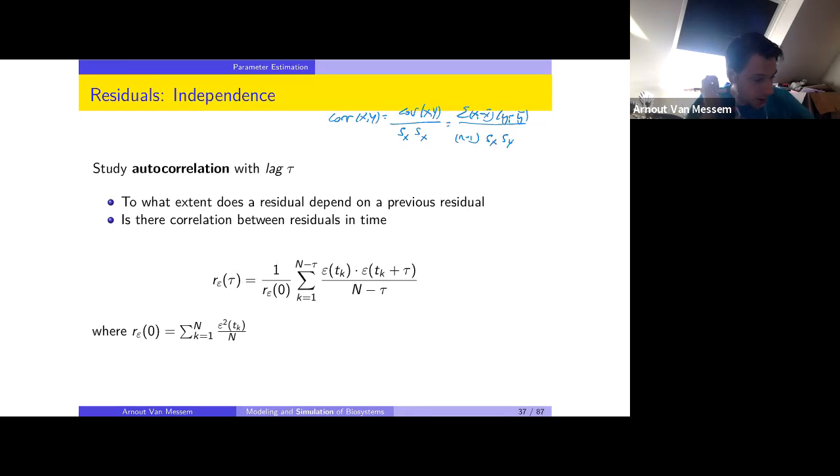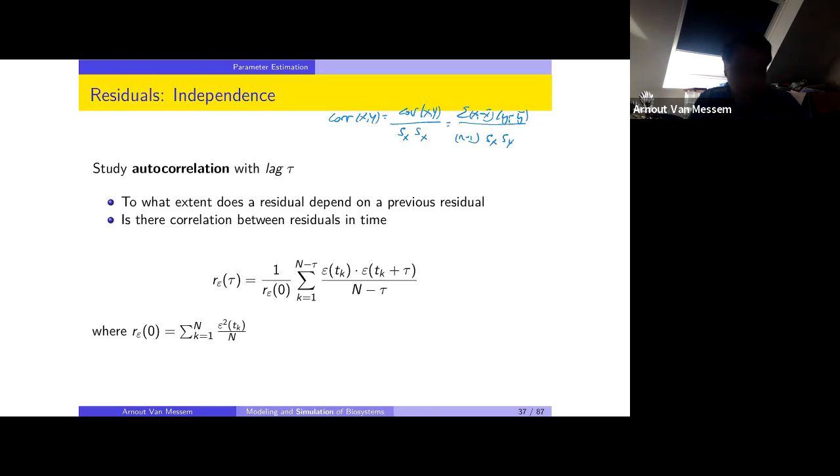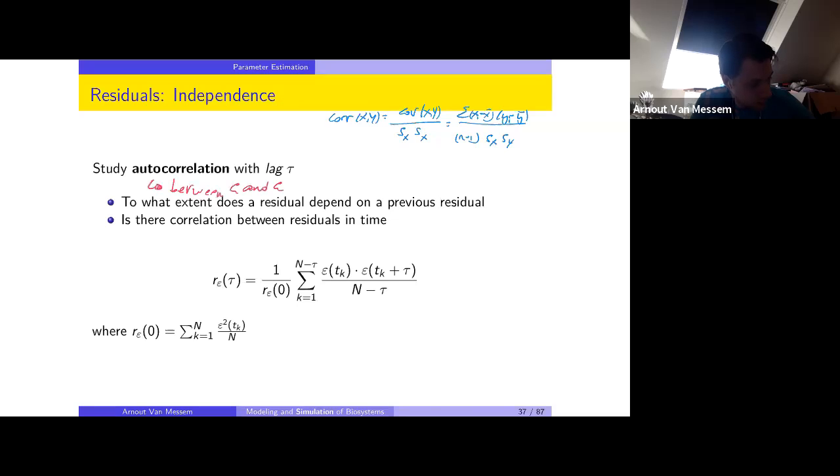For the autocorrelation, there is a difference: it's not 2 different variables, but you have the same variable epsilon. In our case, we look at the residuals, so the autocorrelation is between epsilon and epsilon, but at different time points.